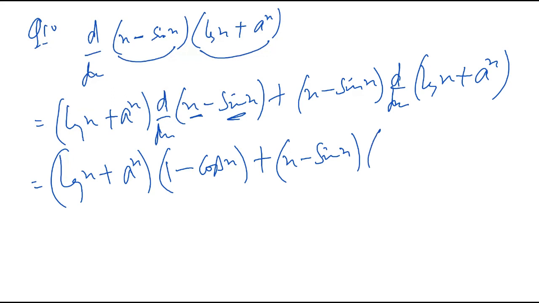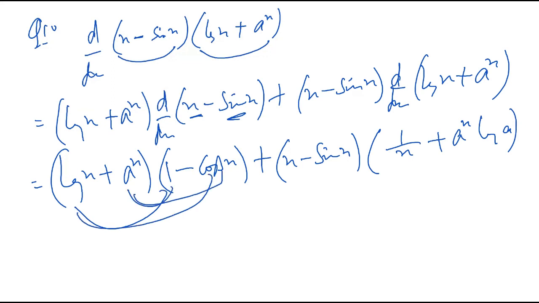Log x is 1 over x, and a power x is a power x log a. In this way you can also do this. It's up to you if you want to multiply them in the brackets or leave it here.